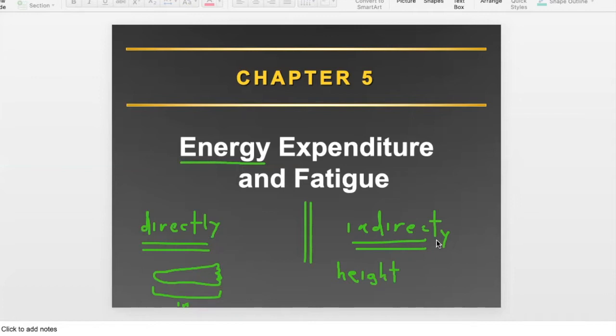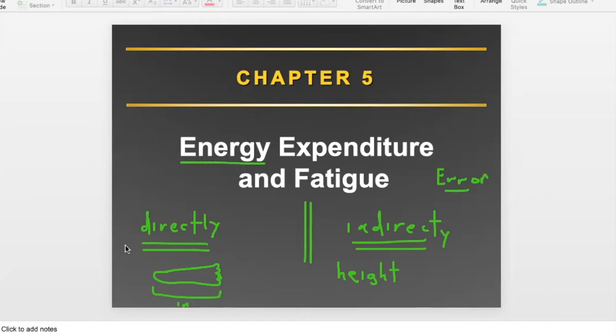And this would be a way of indirectly measuring someone's foot size. Now, it's not going to be exact, and there's also always going to be some type of error in this particular assessment, because this assessment is an estimate. So an indirect measurement is always going to have some type of error, because you're not measuring exactly what it is you're trying to measure.